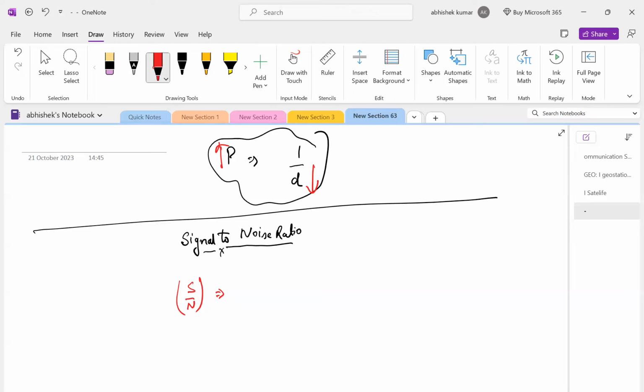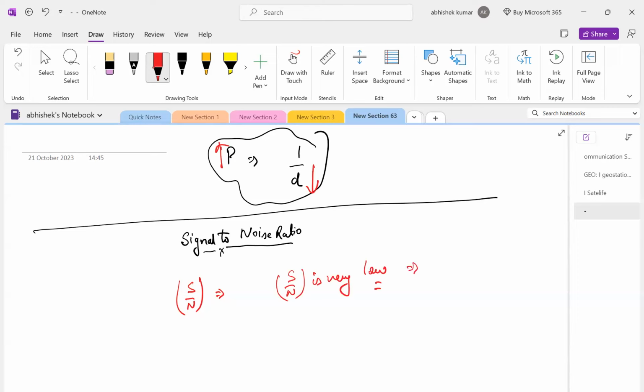So our intention is how to improve the signal to noise ratio, so that we can have a good signal. Suppose your noise is very high and your signal to noise ratio is very low. What does this mean?